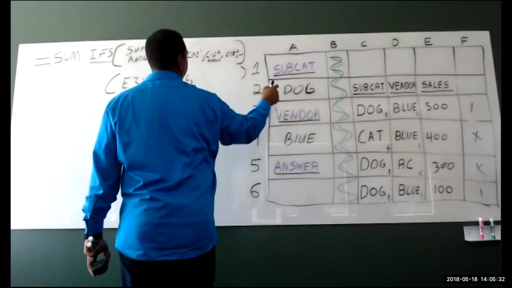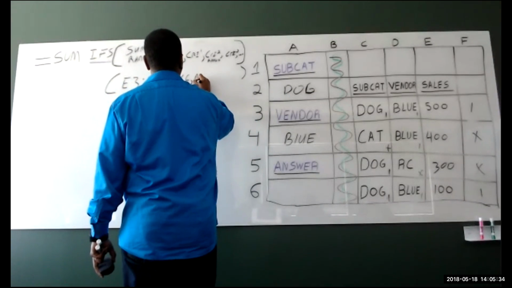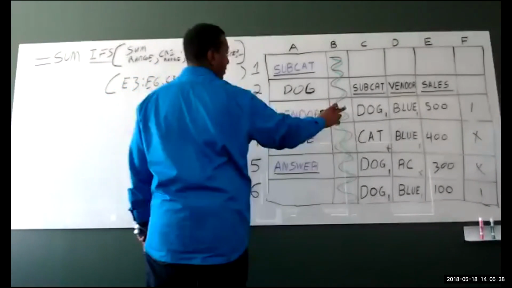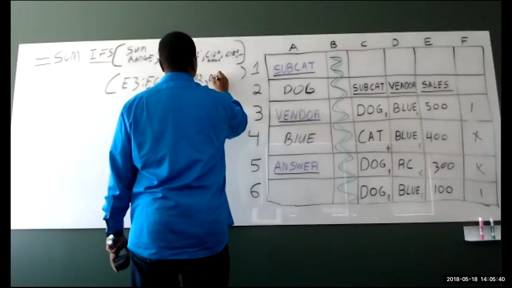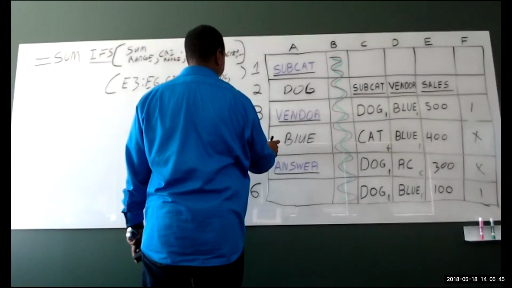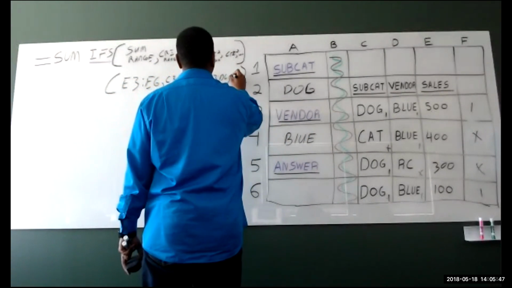The criteria I want, referencing cell A2. The vendor range is D3 to D6. And then the reference cell I want for the vendor is A4.